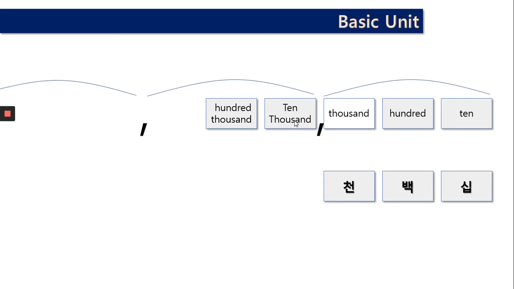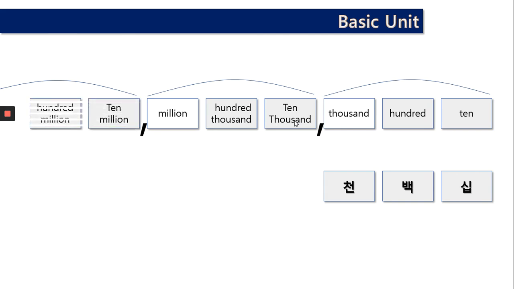New unit, million. How about above million? 10 million, 100 million, and then billion. So every 3 digits, they have a new unit. That's why they put a comma here. But in Korean, we don't have a comma here, because in Korean, every 4 digits, we have a new unit. Here is 만. How about the next 만?